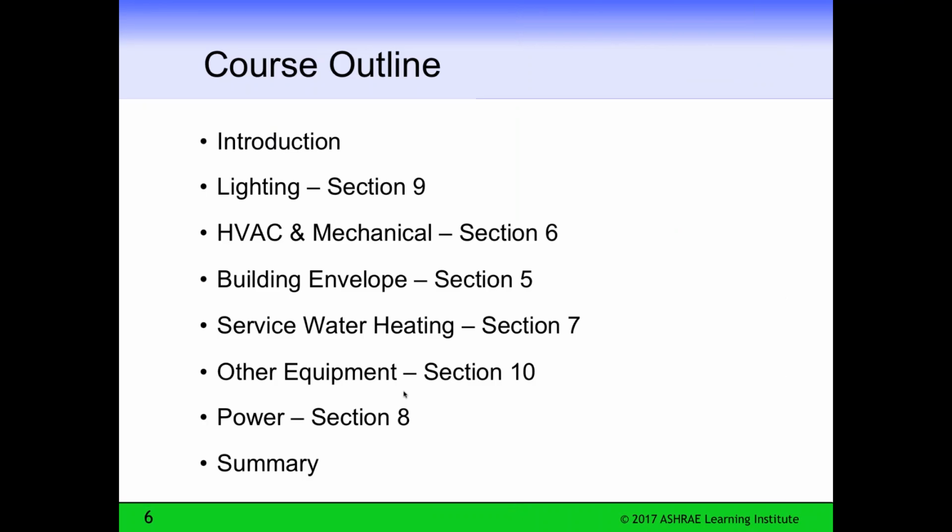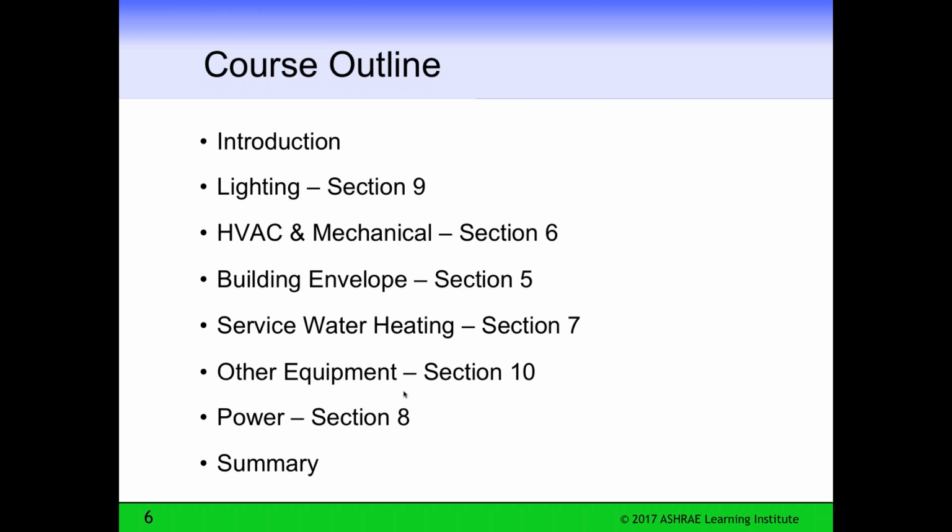The course outline is the introduction, which we're beginning now, and then the bulk of the course is covering technical system by technical system: lighting first, and then HVAC and mechanical, and then building envelope. Followed by service water heating, other equipment, section 10, and power.